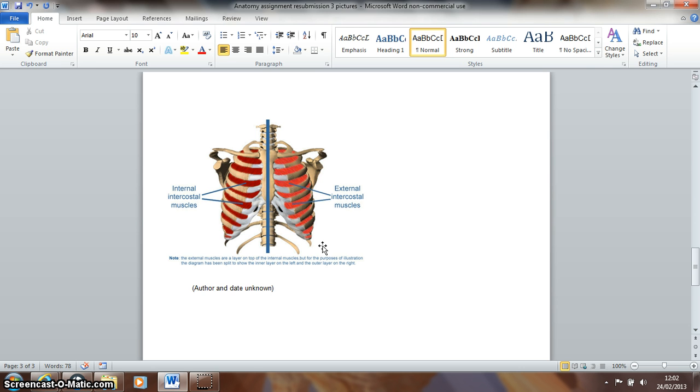Also, expiration. This is where the diaphragm relaxes along with the intercostal muscles. This decreases the amount of airspace in the thoracic cavity, which causes all remaining air to be pushed out of the lungs.